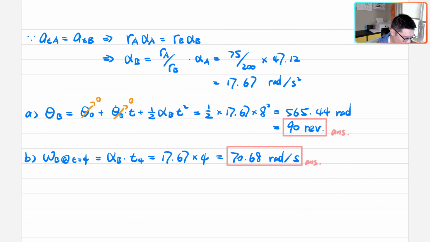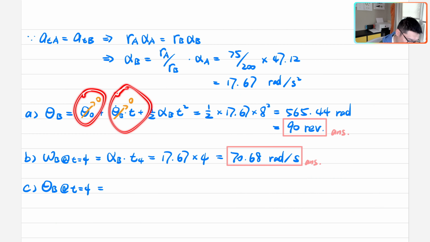Part C is the number of revolutions turned by drum B during the first 4 seconds. Again, similar to what we did for part A. So theta B, the total angular displacement at 4 seconds. Again, we start from 0, so both terms are still 0.